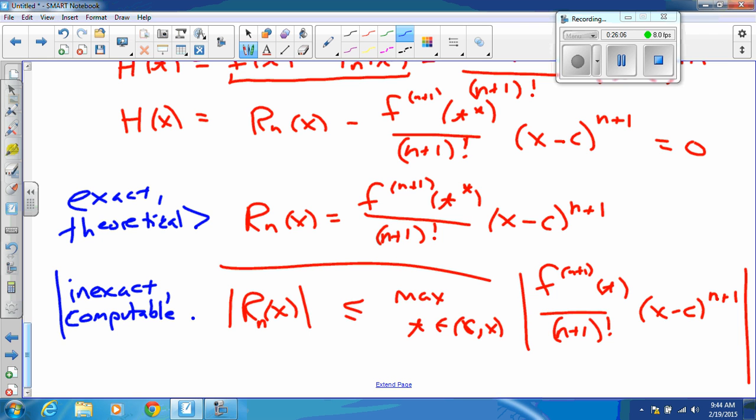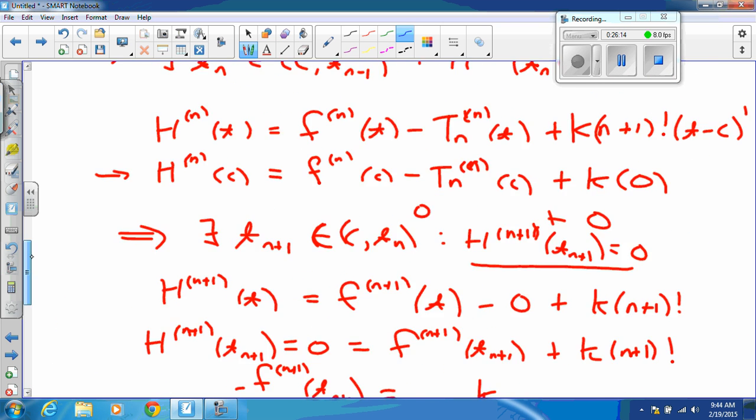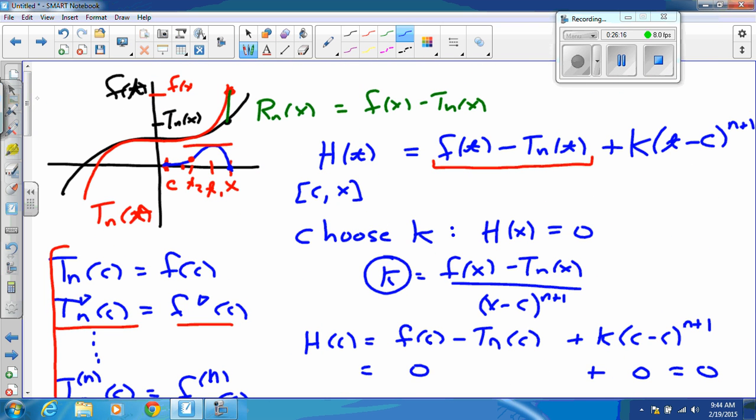Well, it leaves us with some insight into the nature of the Lagrange error bound. The Lagrange error bound is putting a bound on how far away my function can be from the Taylor polynomial. And the answer is, the further away that I get from c, the further away f can get from its Taylor polynomial representation.